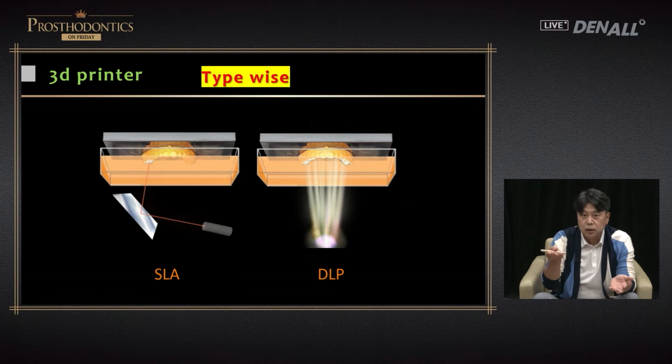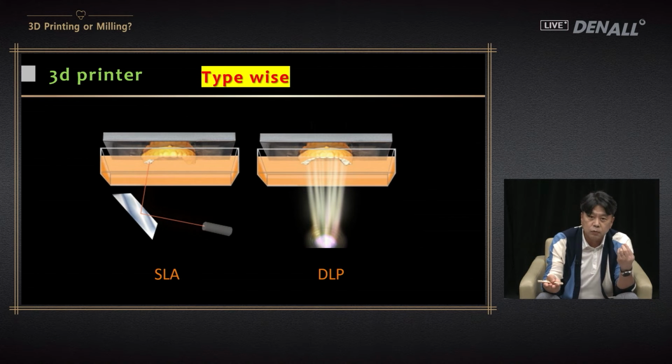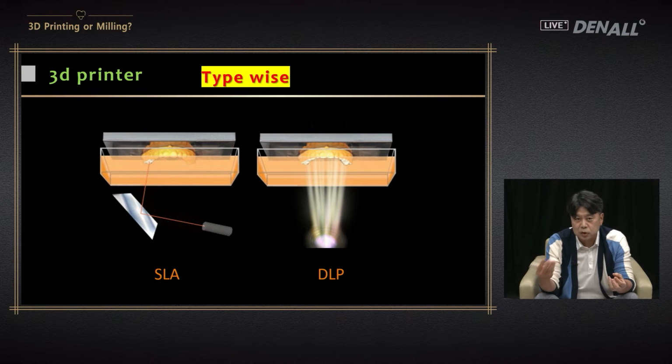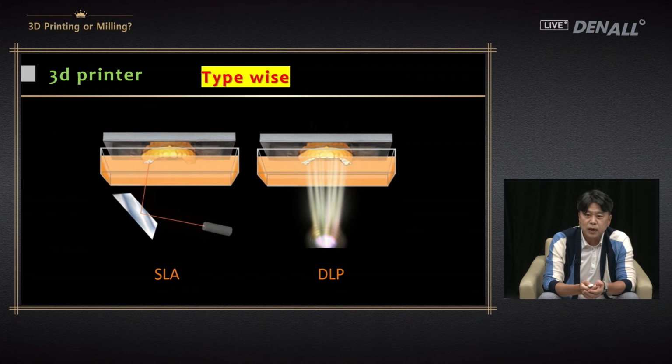So, in terms of the speed, DLP is faster, and with SLA, it takes a long time for each dot of light to pass through the plate. So if you print out multiple models or appliances, DLP would be better. So depending on the purpose of use, you can choose SLA or DLP.